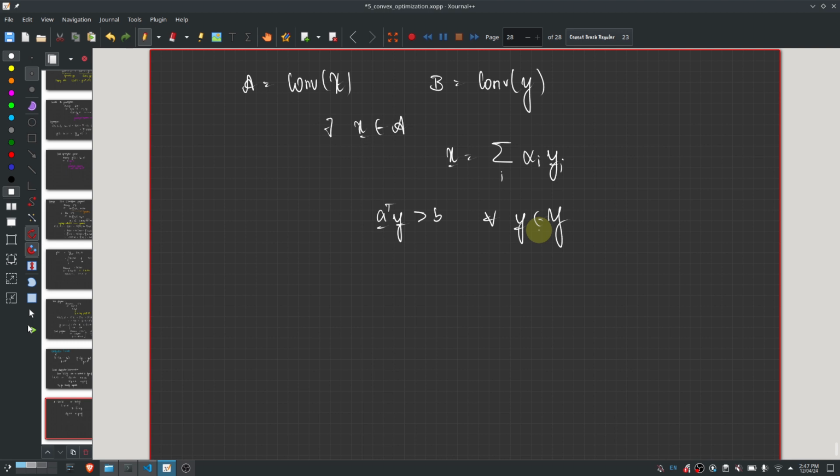Why? If you take 2D, the convex hull of a set is the polygon formed by joining all these points. Correct. So if it is separating X and Y, it's not possible that it will not separate these two points because they are the edge.